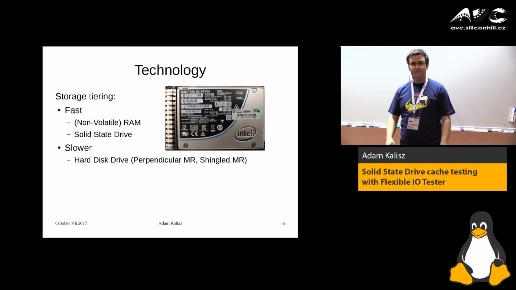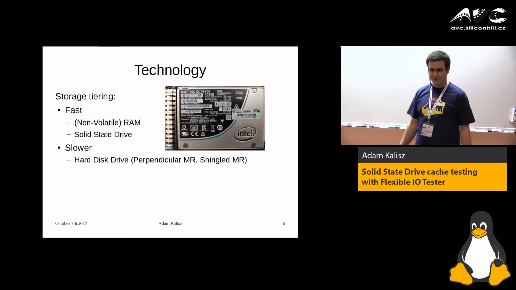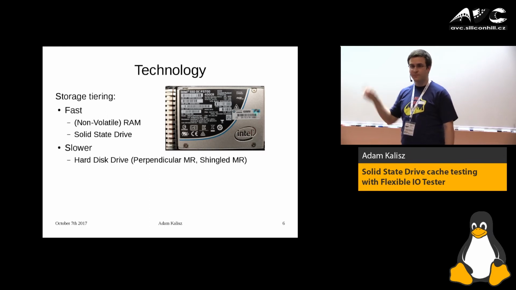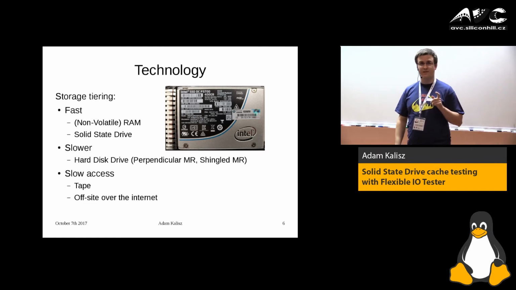Then, of course, we have spinning rust, platter hard drives with different kinds of technology. Maybe look out for shingled magnetic recording. That is a bit tricky. And we have slow access. So actually hard drives are not that slow. If you have many hard drives, you get very nice performance actually. You have slow access media, and this is mostly tape drives or you access Amazon. This still goes over the internet connection.